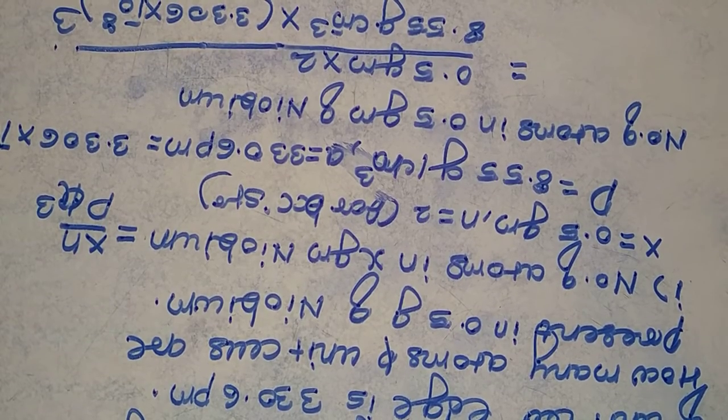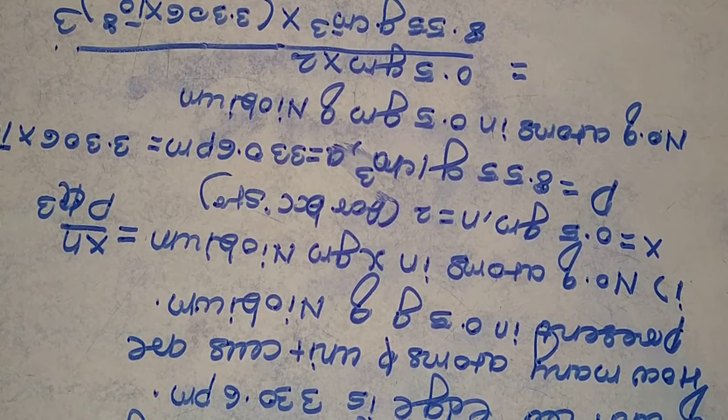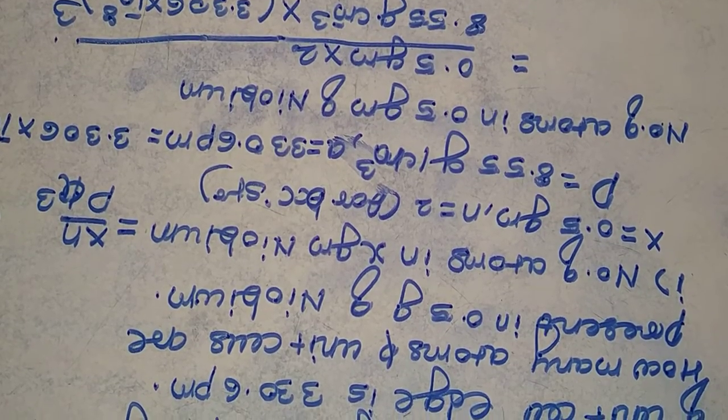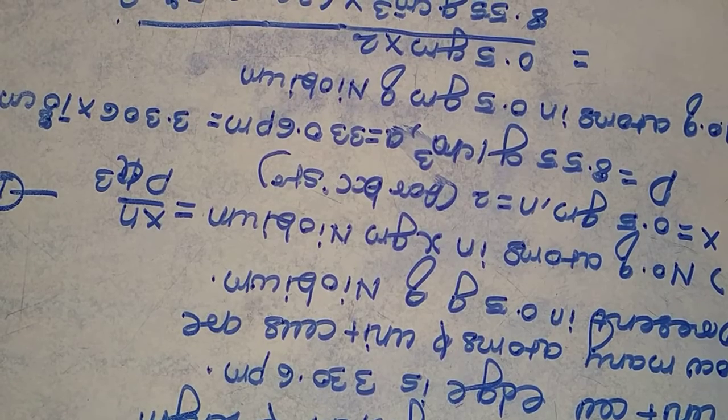Here x is 0.5, and for the BCC structure the number of atoms is 2. Density is 8.55 gram per centimeter cube. Edge length is 330.6 picometer, which you can convert into centimeter.